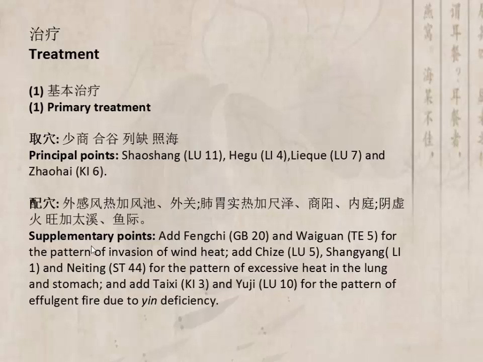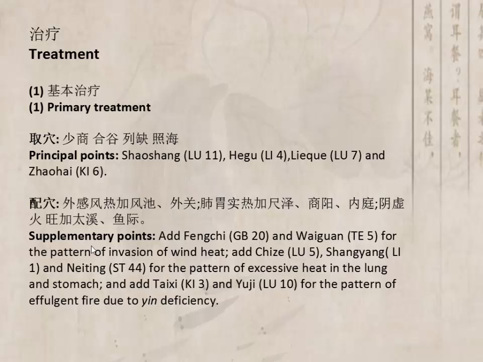We use it a lot for wind, heat, and cold, right? So this is an example of if they say list 4 points, it's a good one because it covers a lot of ground. And specifically here, lung 7 and kidney 6 is for that third pattern of yin deficient sore throat, okay?